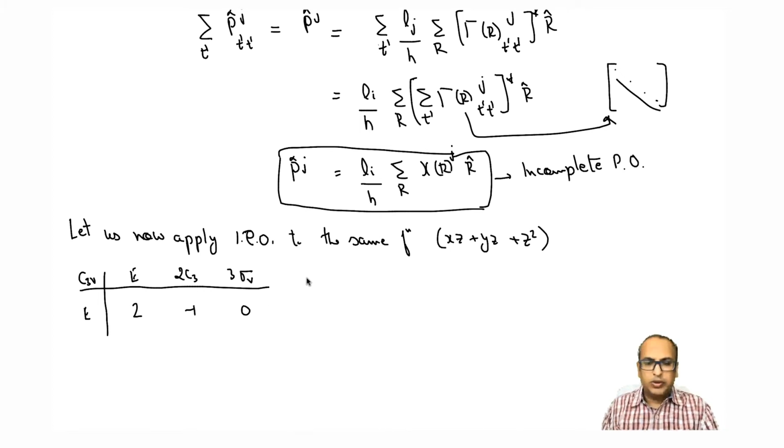Yes. So now let us try to calculate the projection of this function onto the E representation: the projection of xz plus yz plus z square onto the E representation.